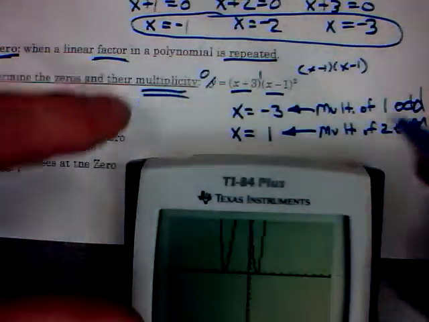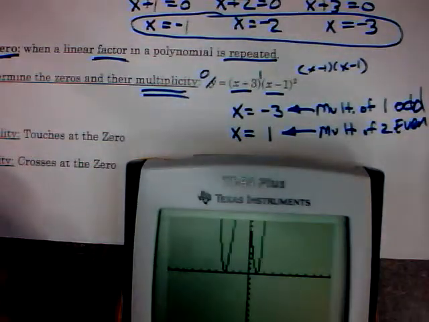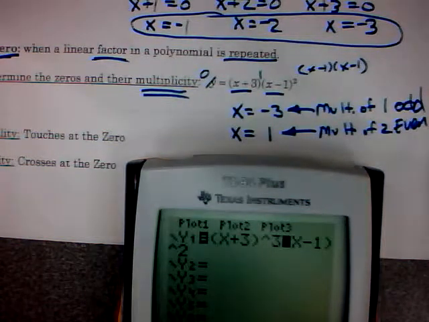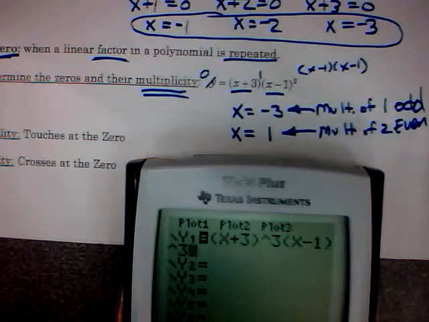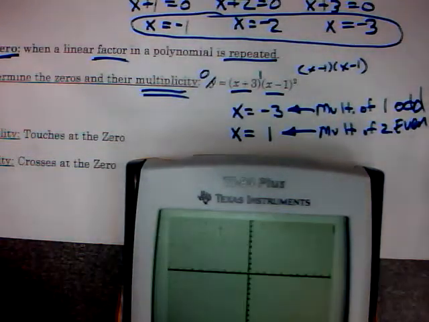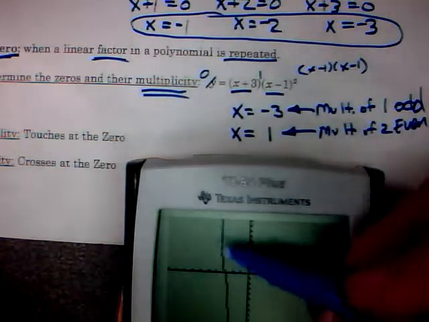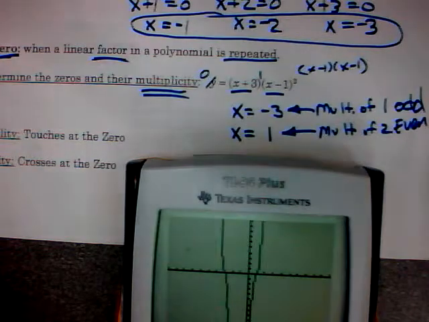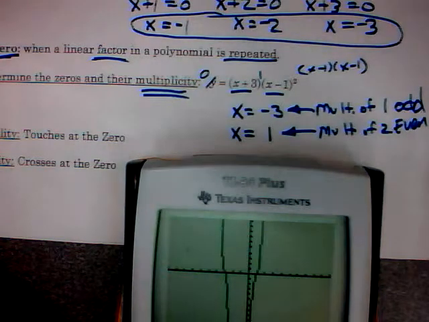That's because the powers are even. If I changed the power of this one to 3, and the power of the second zero to 3, so they both occur 3 times, now they're going to cross through on those graphs. So here, see how it crossed through negative 3 and it crossed through positive 1? That's because they're both odd.